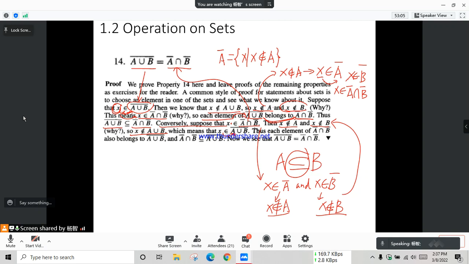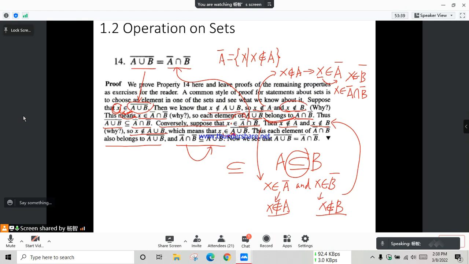So thus each element of the intersection of the complement of A and the complement of B also belongs to the complement of the union of A and B. This satisfies the subset definition. So we can say the left set is the subset of the right set.